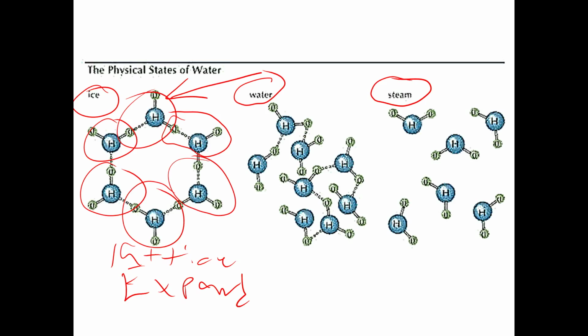So water as a solid has a much more ordered structure, which is very important, because notice that these individual water molecules are no longer as closely compacted as the individual water molecules in water as a liquid, which gives it very unique properties.